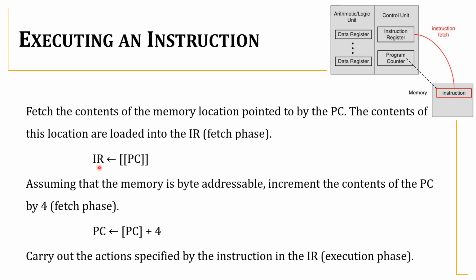In the instruction register, we have the instruction to be executed, right? That instruction is decoded by the instruction decoder and the operation is identified. So we need to carry out the actions specified by the instruction in the IR. That is the execution phase.